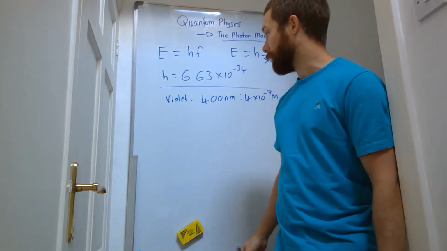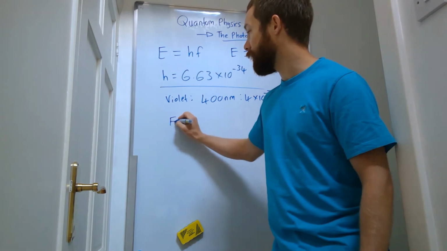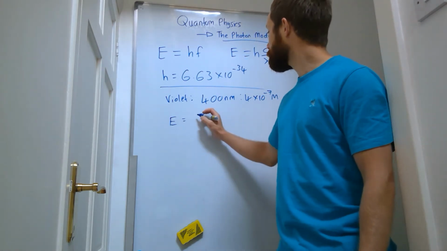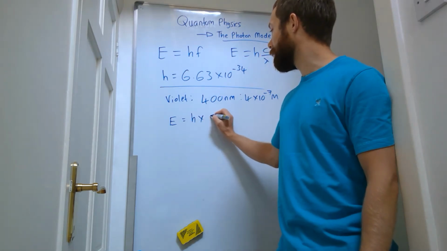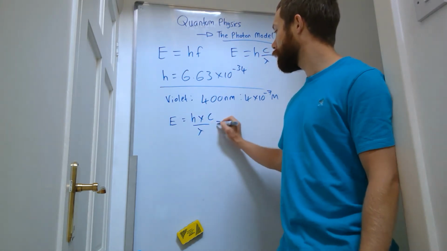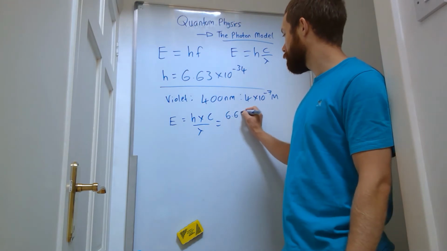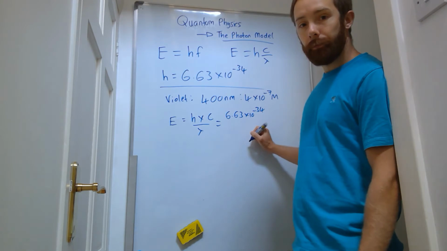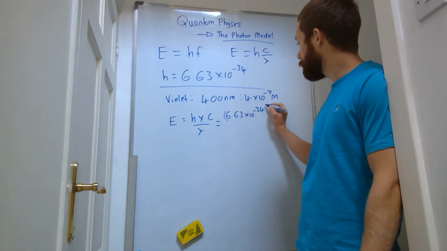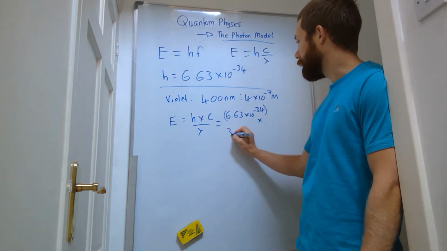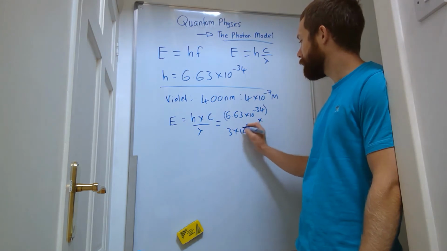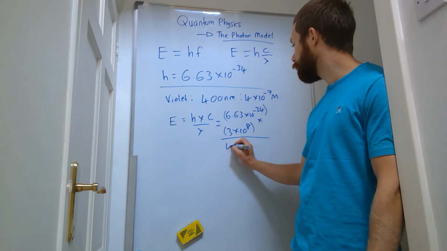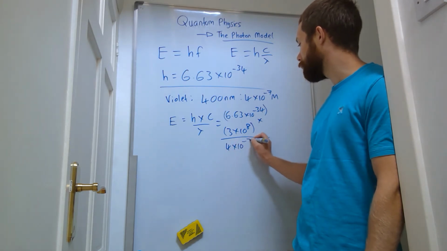So if we put this into our calculation, we're just going to say the energy of one photon of violet light is equal to h times c over lambda, which is 6.63 times 10 to the minus 34 times 3 times 10 to the 8, and we're going to put that all over 4 times 10 to the minus 7.